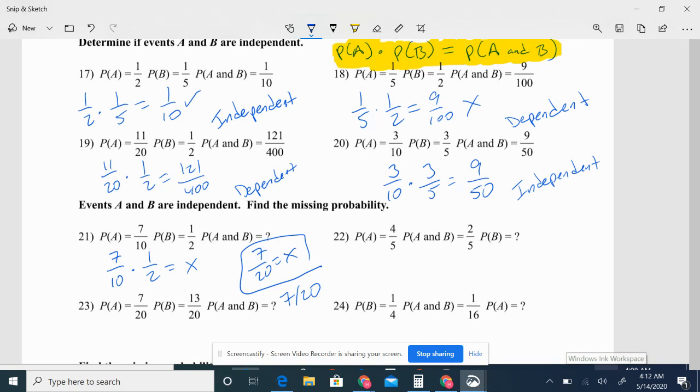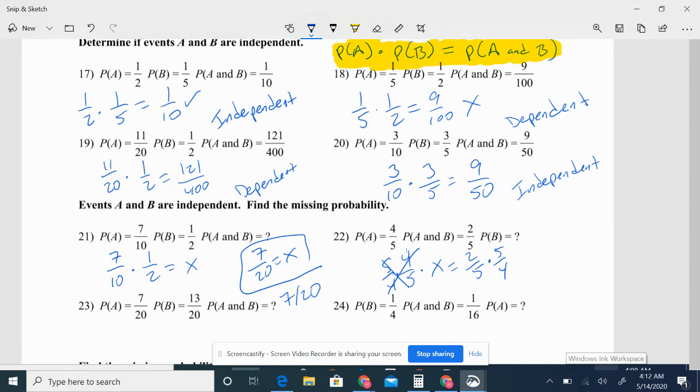All right, let's take a look at question number 22. I have that 4 over 5 times x, because I don't know what probability of B is, equals 2 over 5. Now, to move my fraction, I have to divide by 4/5. So that's basically, I'm going to multiply both sides by 5 over 4. That way that cancels out.